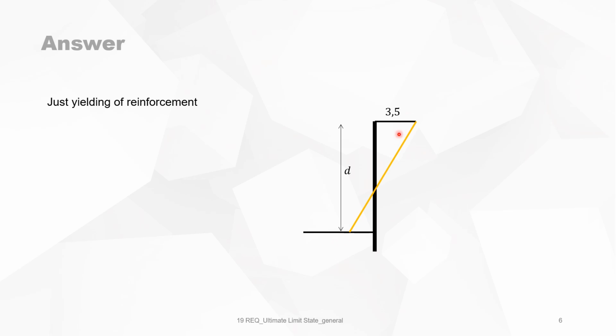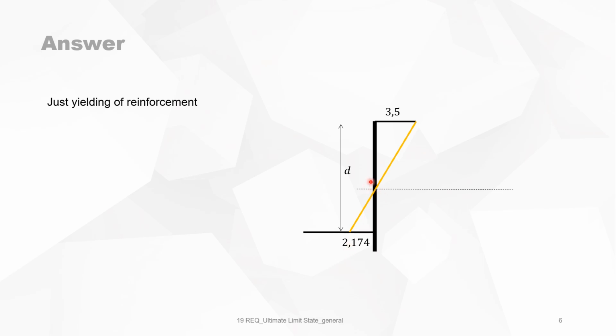Then we have the strain diagram after bending, and you end up here with a strain which is just yielding the reinforcement. So when it's B500, you will have 2.174 per mil. It's just where the horizontal track of the stress-strain diagram starts.